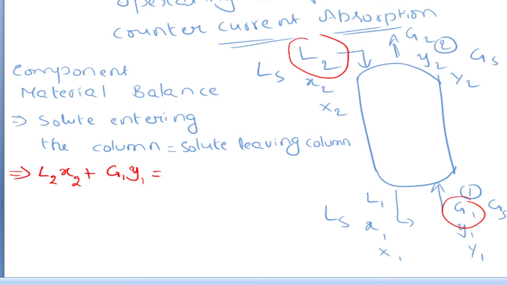What are the streams leaving the column? You can see here L1 and G2. So you can write the balance for these streams which are leaving. So you have two streams here: L1 X1 plus G2 Y2.